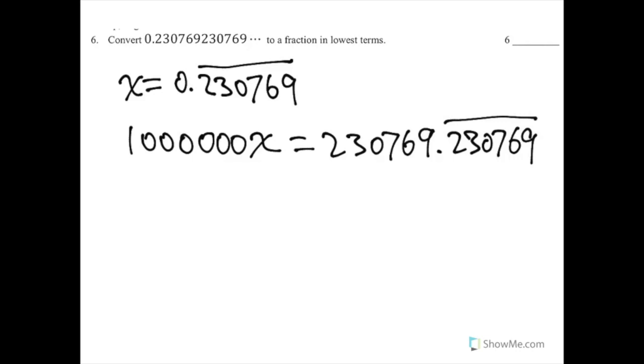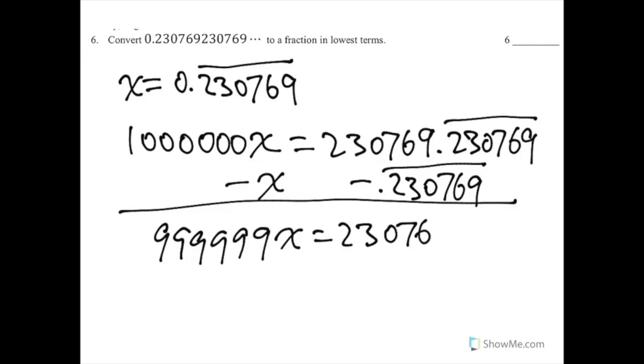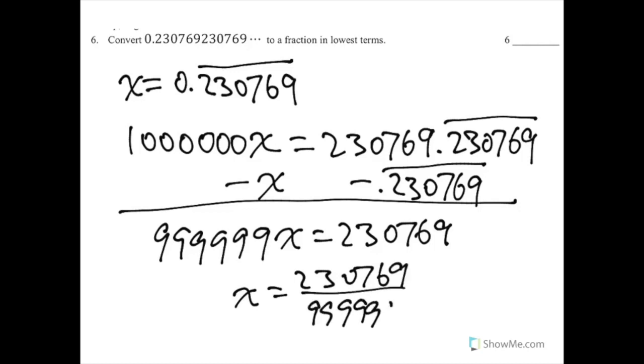Well, we see that the decimal part of this number on the right is simply x. So if we subtract x from both sides, then we're left with this. And so x is equal to 230,769 divided by 999,999.